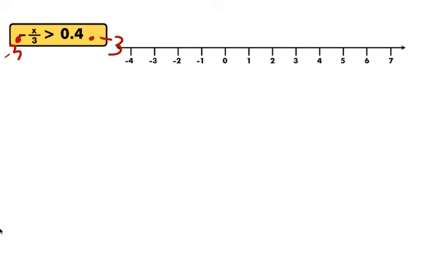Since we are multiplying by a negative number, our inequality sign flips. And so we've got x is less than negative 1 2/10. I want to put an open circle on negative 1 2/10, and we want to shade in everything that is less than that.